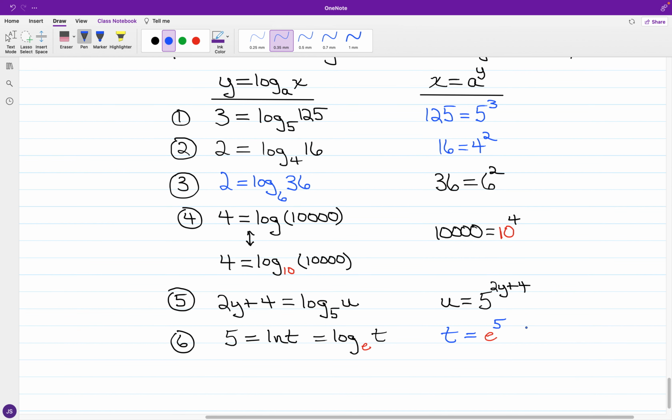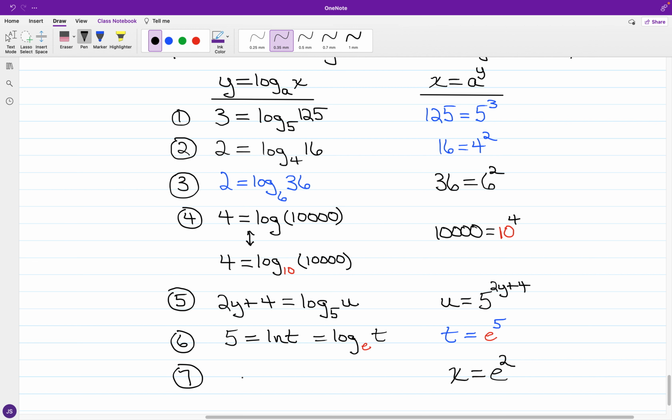Now, also with what we have regarding natural logarithms, let's say in our statement we have that x is equal to e to the 2nd. So for x is equal to e to the 2nd, you have x represented by x itself, a is represented by e, y by 2, and translating what we have in terms of logarithmic statements.